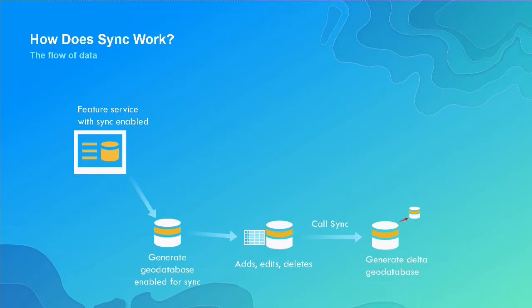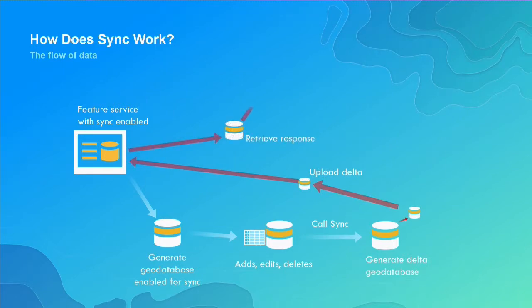And that delta file only contains all the changes that we have done so far, and then we send that back to the service where it originated. And after all the changes have been applied on the server side, we get the response back if we have asked that we want one. And we download another delta file back to the device, and then we apply all the changes that were returned to our local geodatabase.